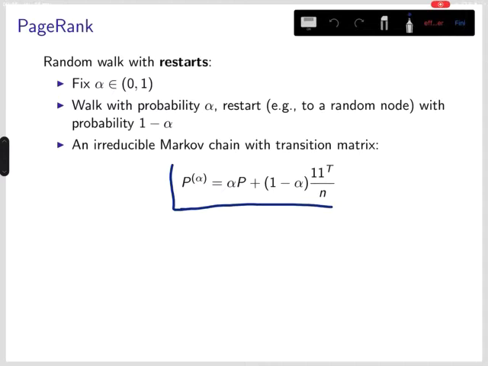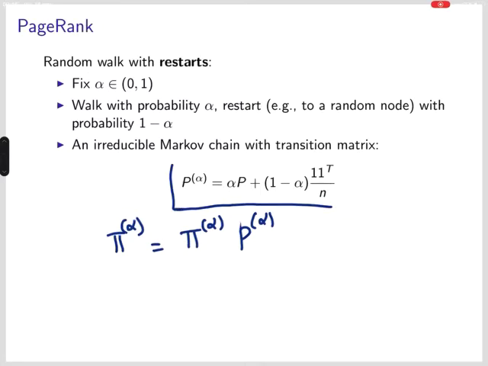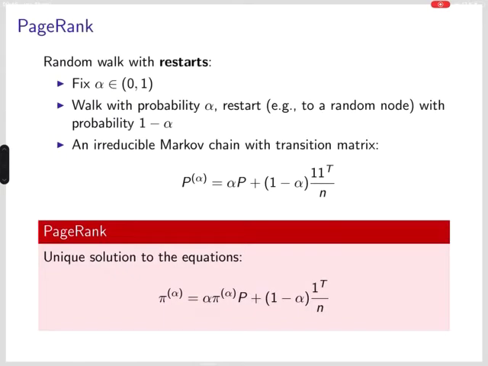And so you need to find the stationary distribution, which we call the Pagerank vector. You need to solve the balance equation as before. We'll denote this vector by pi alpha. So you need to solve this equation, and you know that there is a unique solution.